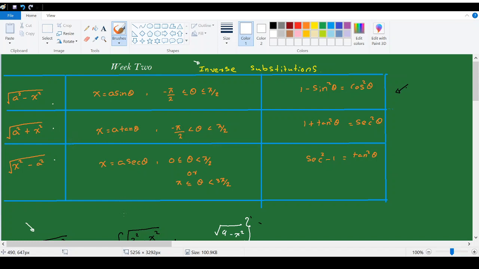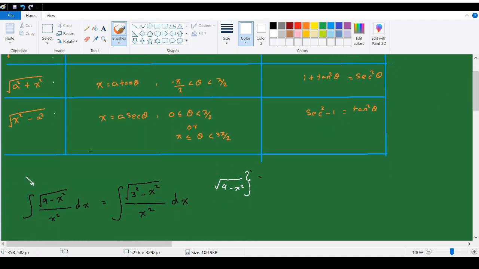In the case of this example, which is the square root of 9 minus x squared, for these substitutions the only thing we need to focus on is the square root. The remaining parts will eventually fall into place.